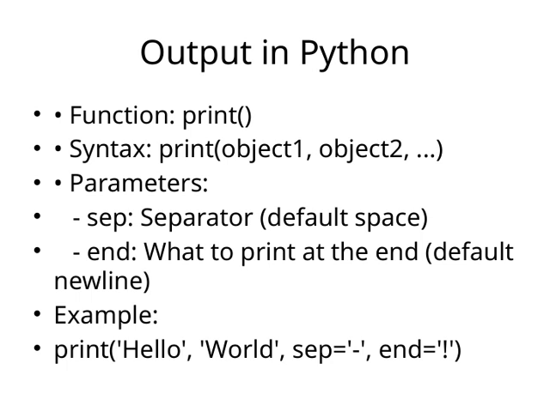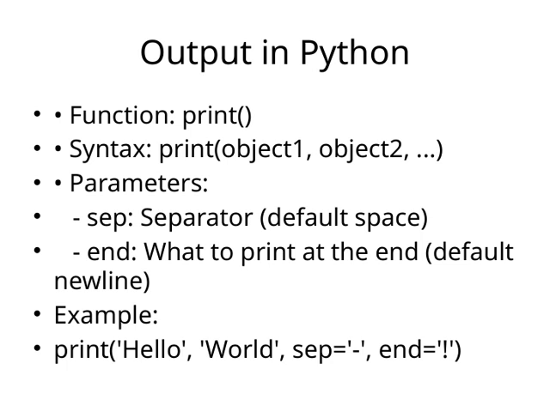The first is sep, which stands for separator. By default, it's a space, but you can change it to anything you like, such as a dash or a comma. The second is end, which determines what gets printed at the very end of your output. By default, it's a newline, meaning each print statement starts on a new line. But you can change that to anything else, like an exclamation mark or an empty string, depending on what you want.